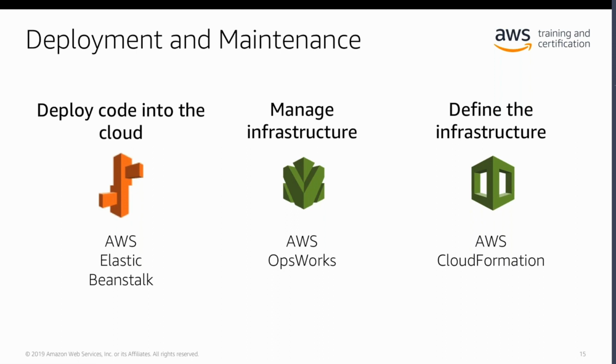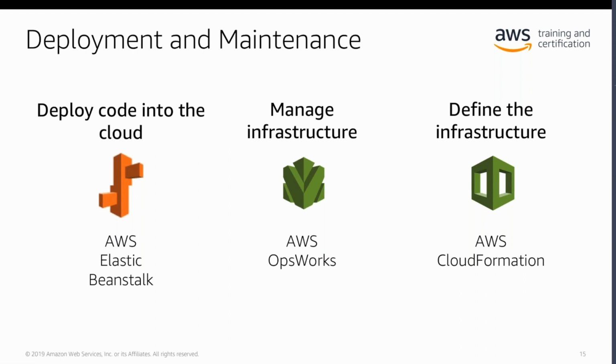I would definitely get a general overview. Know that, for example, Elastic Beanstalk is a tool primarily designed for developers themselves, so you don't have to worry about managing infrastructure for your application. You simply package up your code, give it to Elastic Beanstalk.